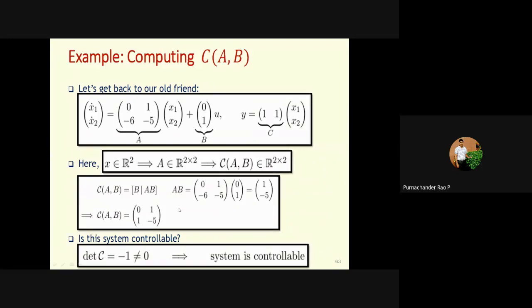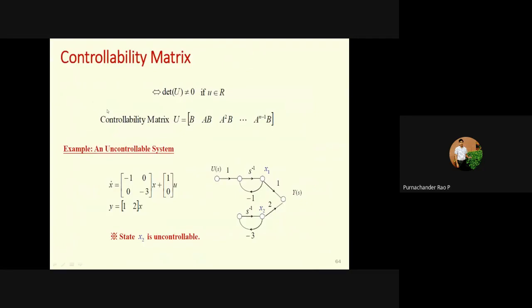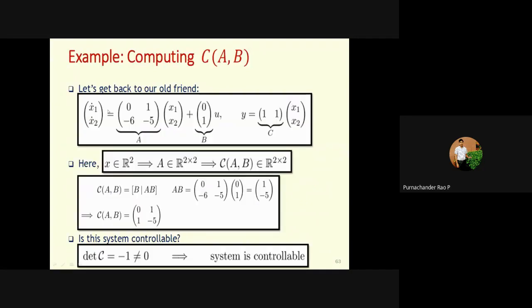So let us take this system here. X1 dot is equal to... This is a state equation. Matrix A is given to you, matrix B is given, C is given.